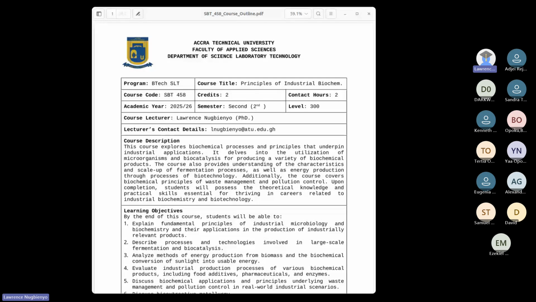I want to get that confirmation. It's clear to me that for toxicology, we are going to be having it on Tuesdays. But for this class we are having now, which is industrial biochemistry, we will have it on Saturdays. Is that okay?